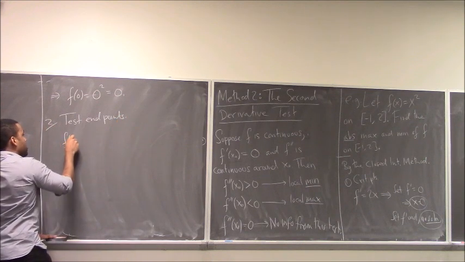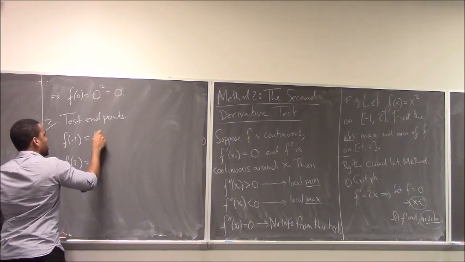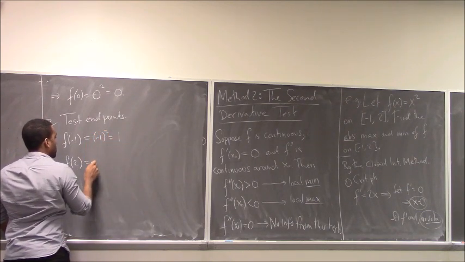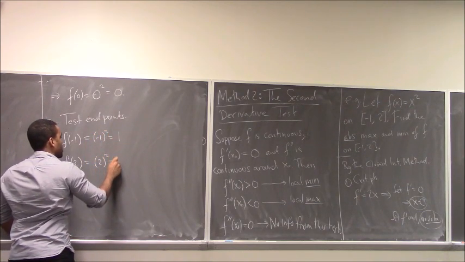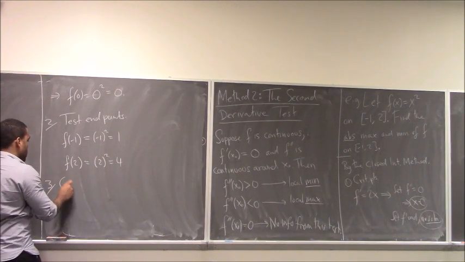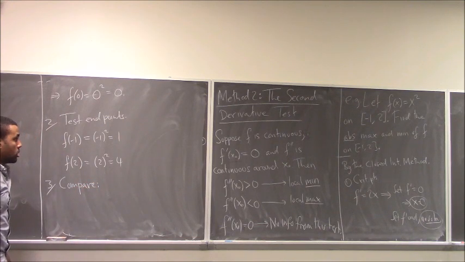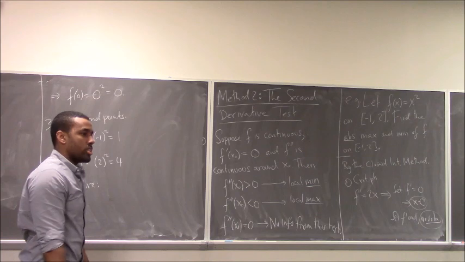So I'm going to find f of minus 1, and I'm going to find f of 2. This is minus 1 squared. This is 2 squared. 3, compare. Who's the biggest and who's the smallest y value?